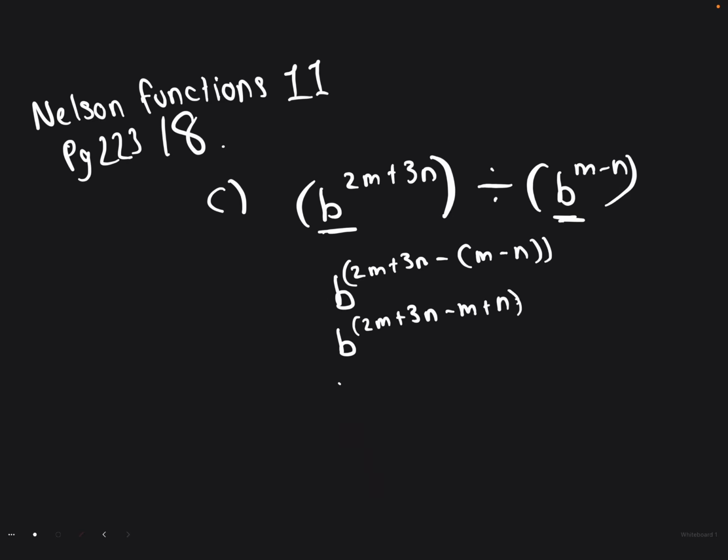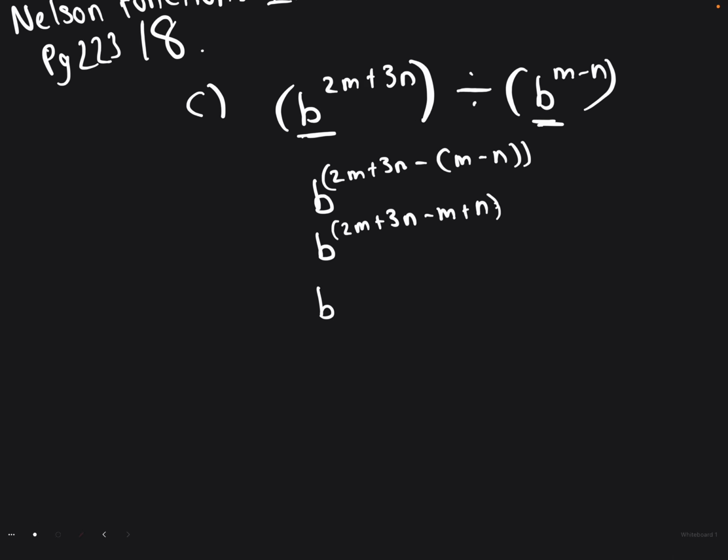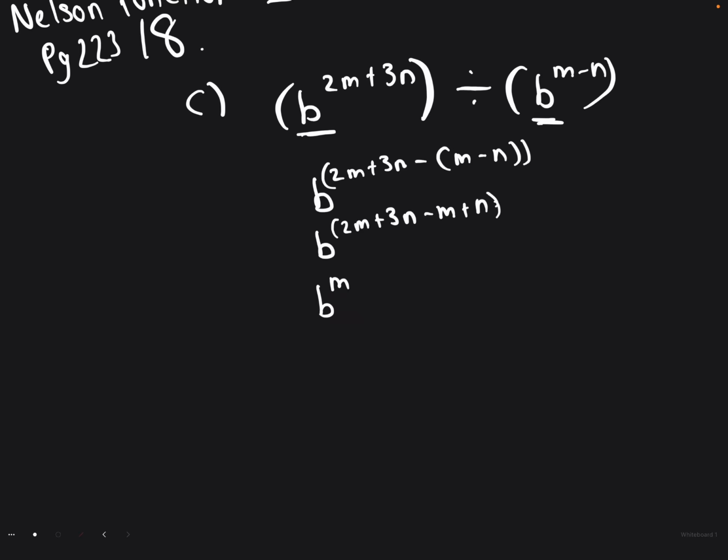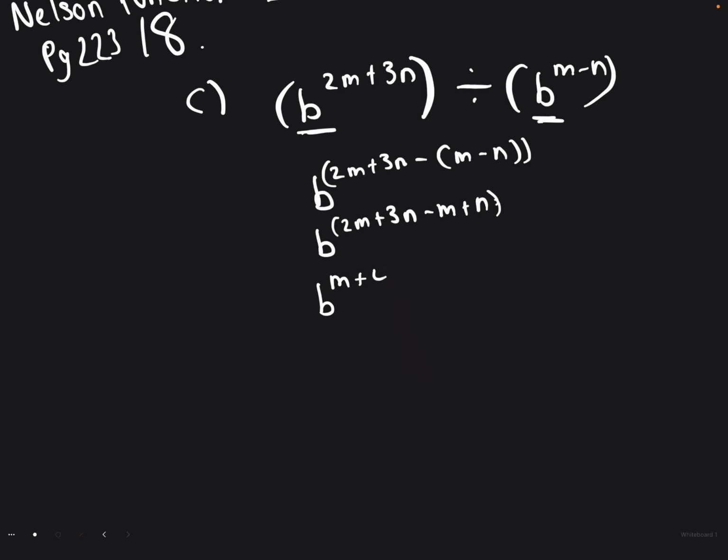We close the bracket here. This would become m plus 4n right there. So such questions can pop up on your test.